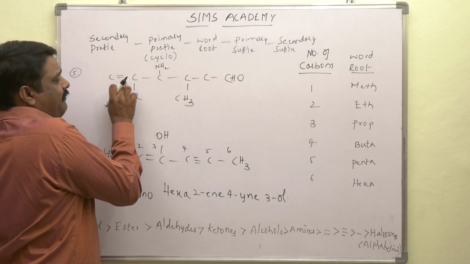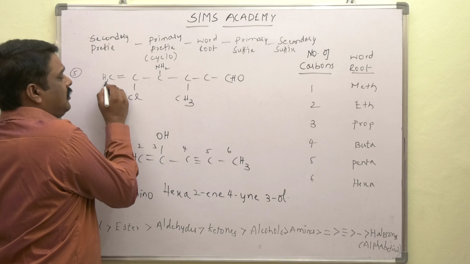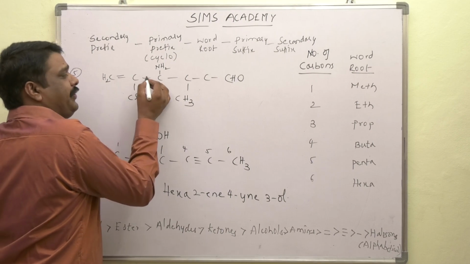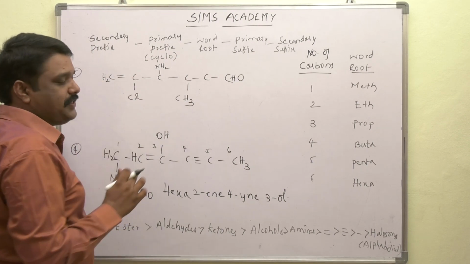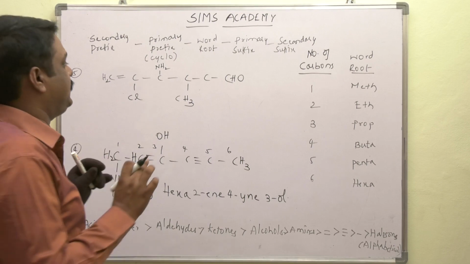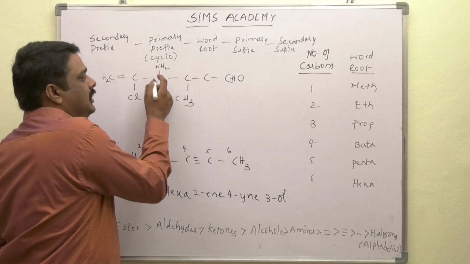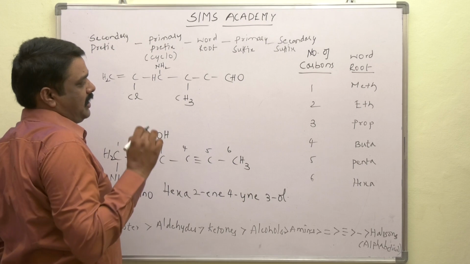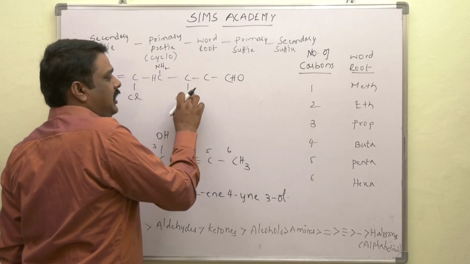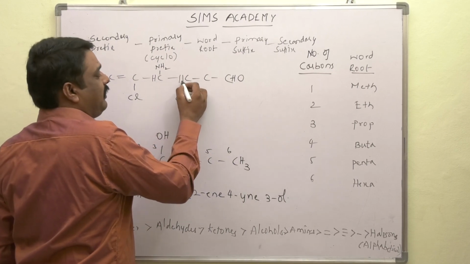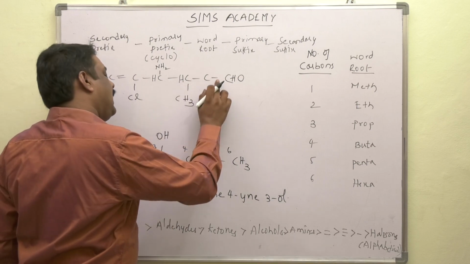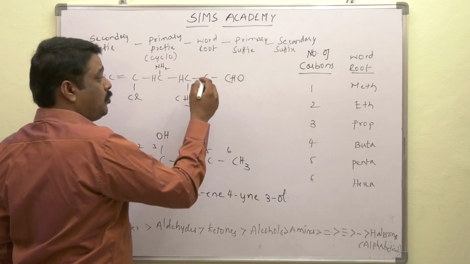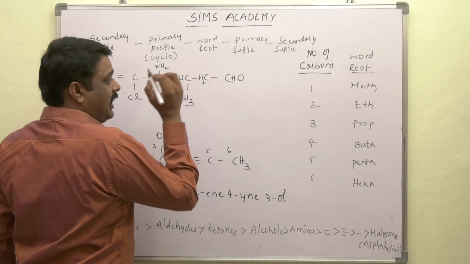For this carbon only 2 bonds are present, 2 hydrogens. 1, 2, 3, 4. This carbon is satisfied with its valency. 1, 2, 3. We need 1 hydrogen to make it 4. 1 and 2, 2 more bonds are filled with hydrogens.